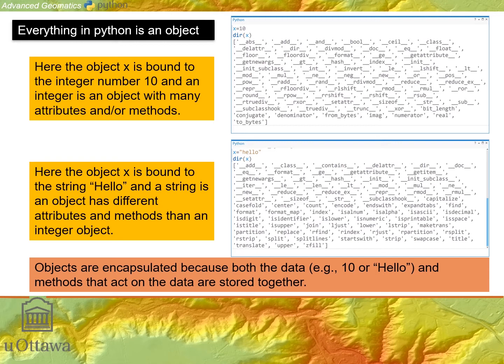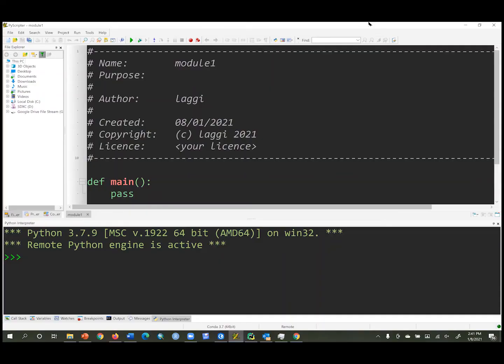And this is what encapsulation means: all those methods and properties are carried with the variable x up here, because it's an integer. So 10 has to carry around with it all those properties and methods. It's just part of an object. And all the methods and properties are inside that object that can be used with that object. That's called encapsulation.